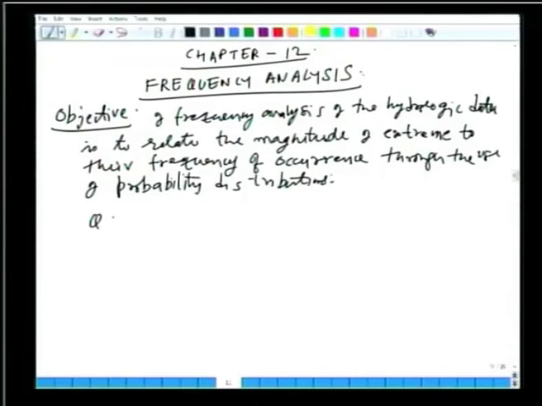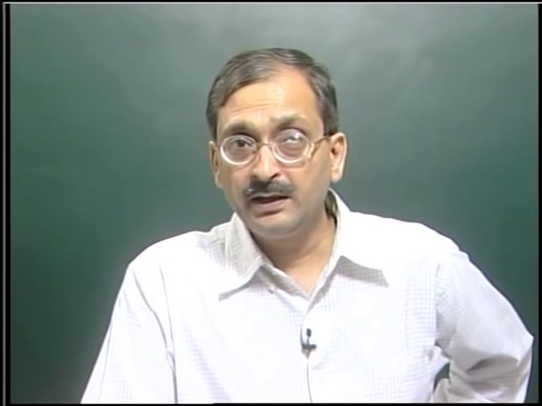Now, looking at some basic concepts about this frequency of occurrence. For example, if I say that your Q at a particular location in a river is 100 meter cube per second, or 1000 meter cube per second, or 10,000 meter cube per second, which of these events do you think will occur with a higher frequency, and which one will occur with a lower frequency?